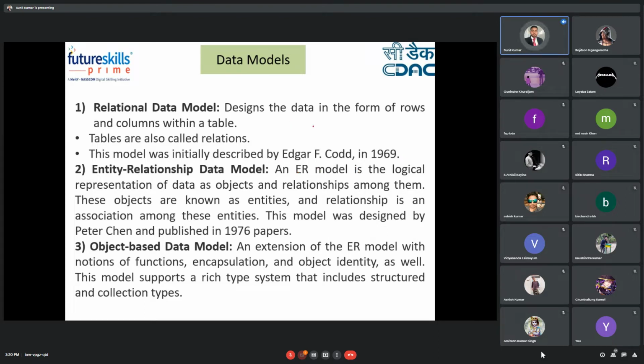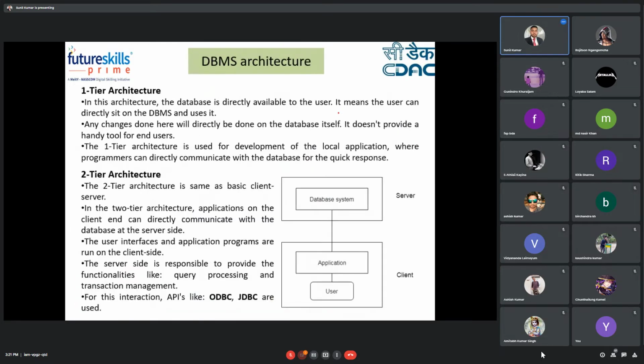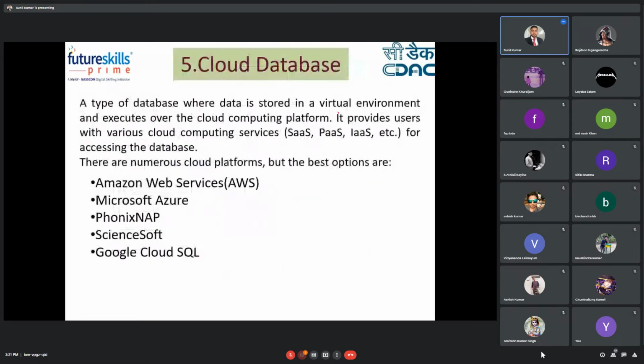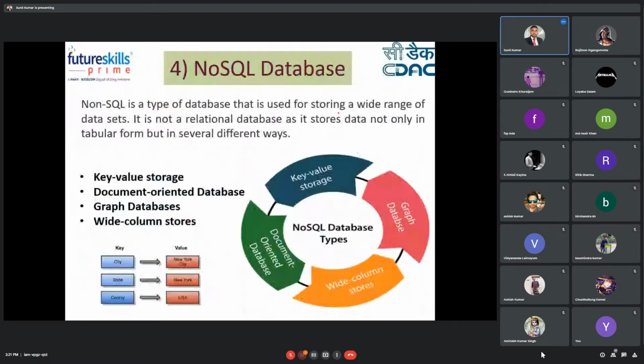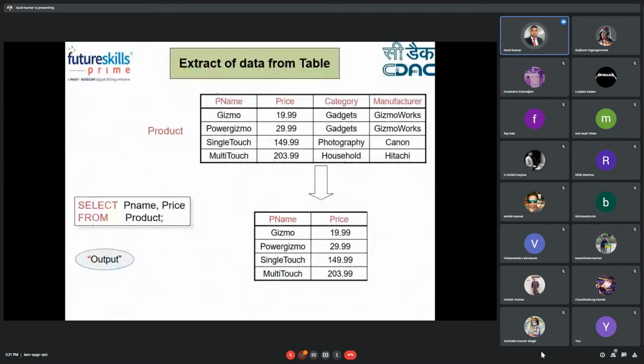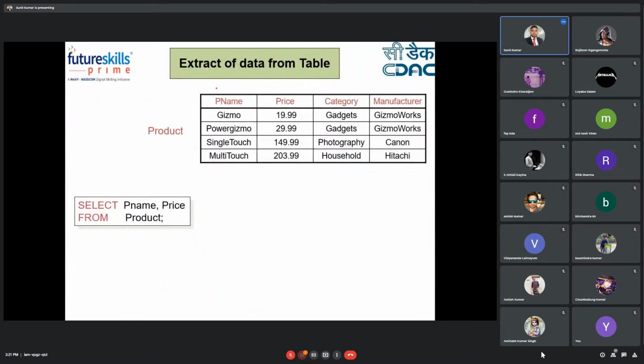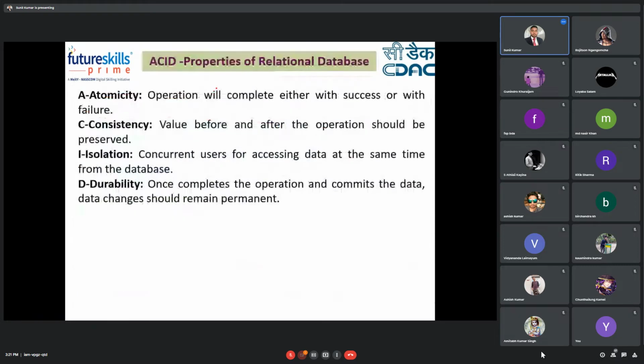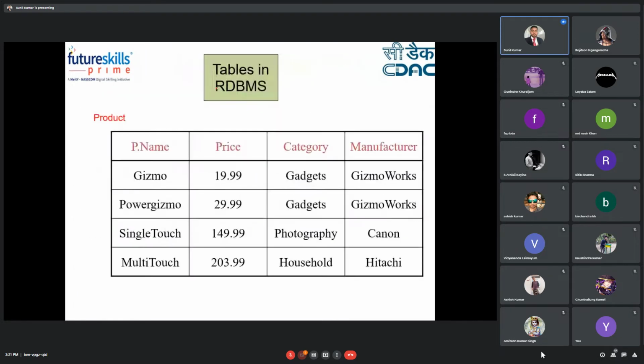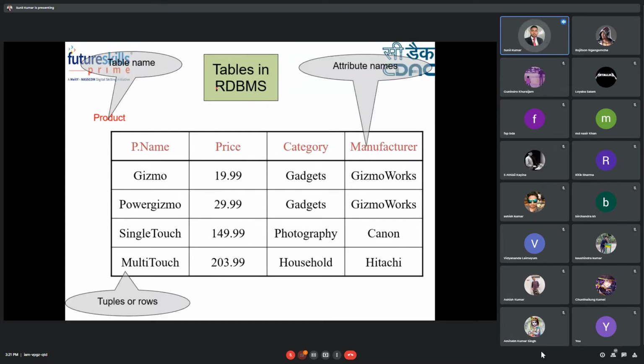And the relational data model uses the strategy of storing data in the form of a table like that. You can see this is the table, and in this table, this is the table name, and these are the attributes of the table.